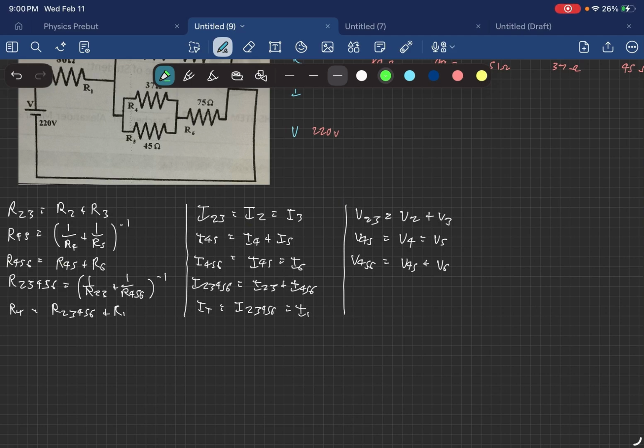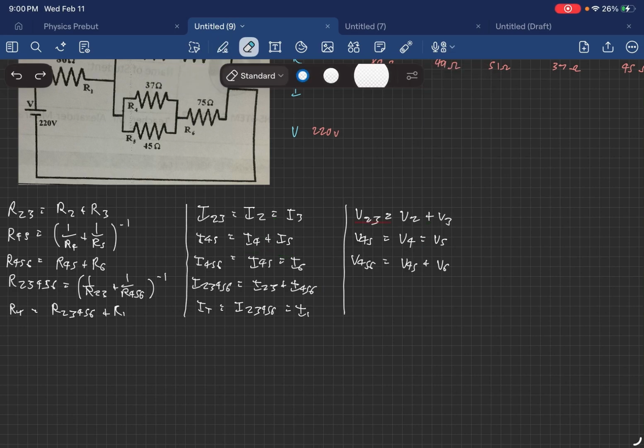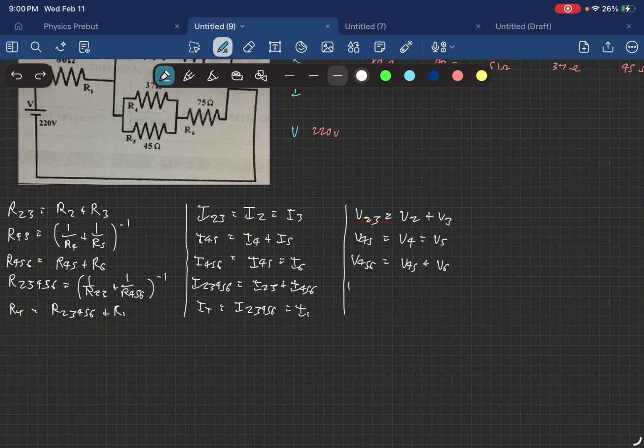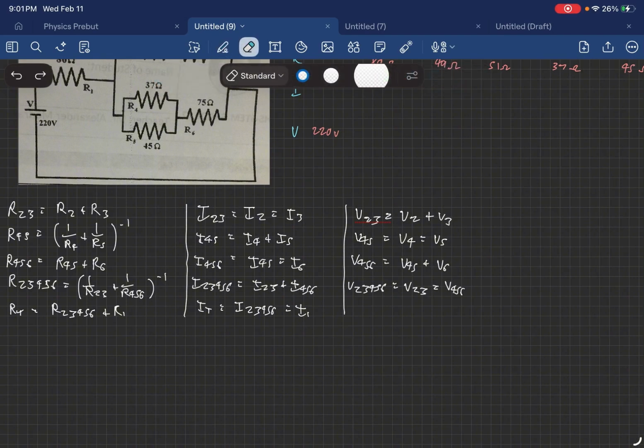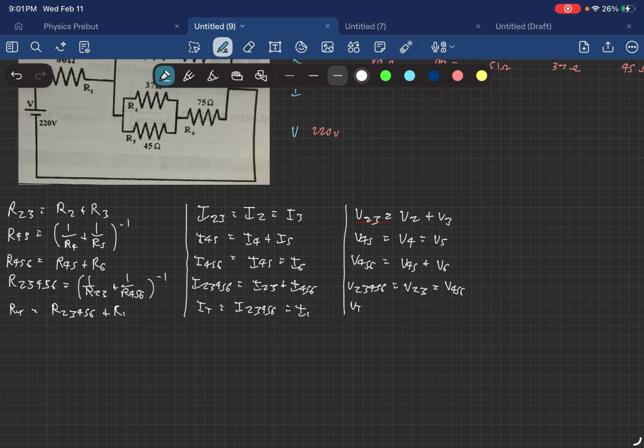You just do the opposite of the current. Where current is a summation, voltage is equal; where current is equal, you just add them. I just want to make sure that I'm correct. So V23456 is equal to V23 equals V456, because it's in parallel, and you can see here that this is add. It's the opposite. And then our V total, which is given by the way, is V23456 plus V1.